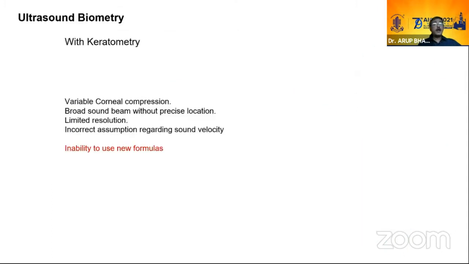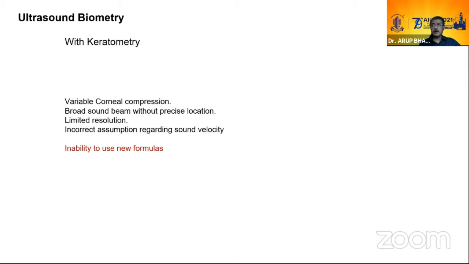So far we have reached this. And what are the ultrasound biometry limitations? There is variable corneal compression, sound beam without precise location, and limited resolution in some cases. Remember that ultrasound speed is different. In a Morgagnian cataract, the speed through the cataract is different from a grade 3 cataract.